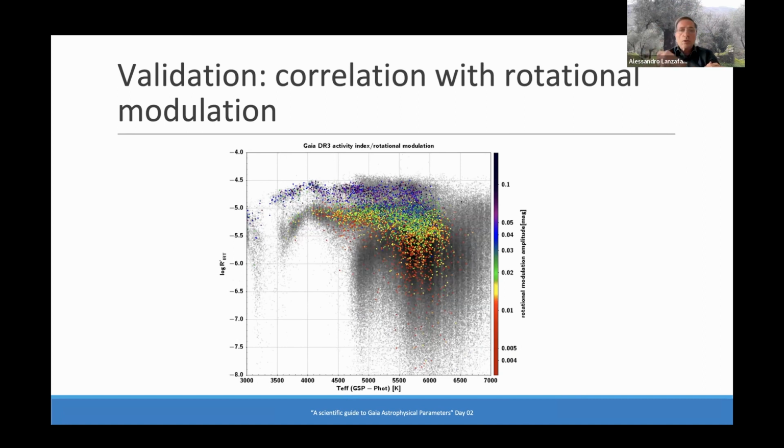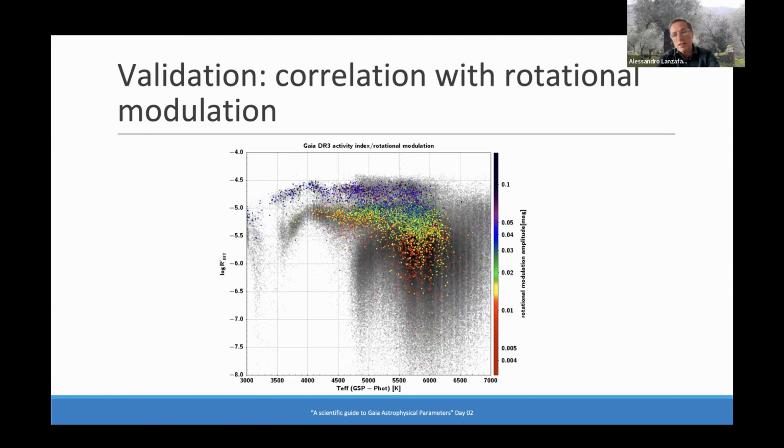So when you compare the amplitude of the rotational modulation with the R prime IRT, essentially you are correlating the chromospheric activity to the photospheric activity.